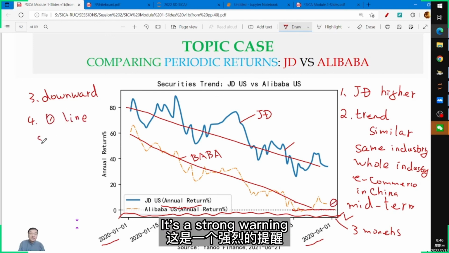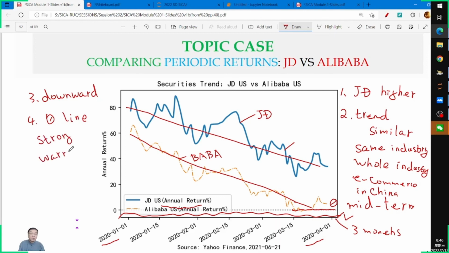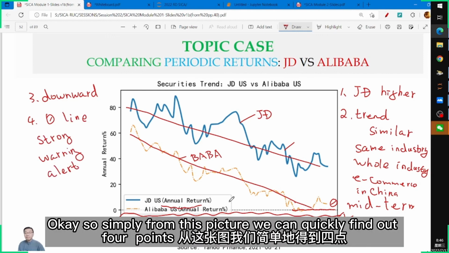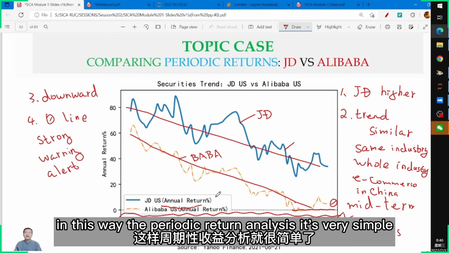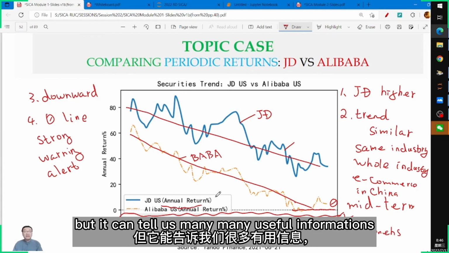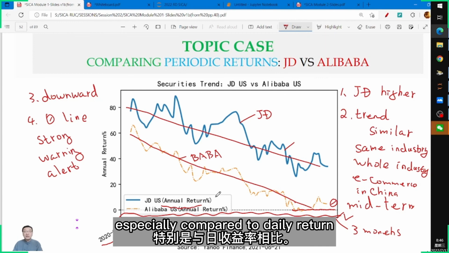It's a strong warning, or alert. Okay, so simply from this picture, we can quickly find out 4 points of useful information. In this way, the periodic return analysis is very simple, but it can tell us much useful information, especially compared to daily return.